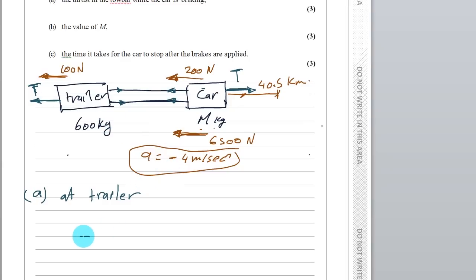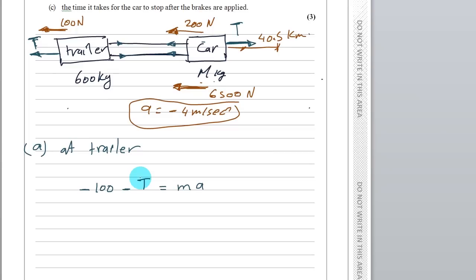So minus 100 minus T is equal to M, which is 600, multiplied by A, which is minus 4.